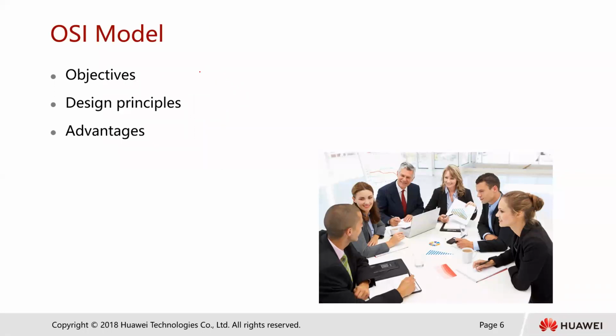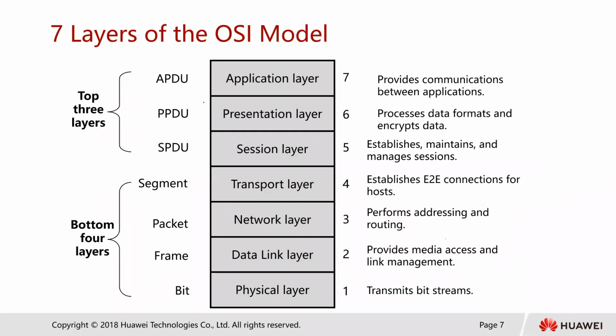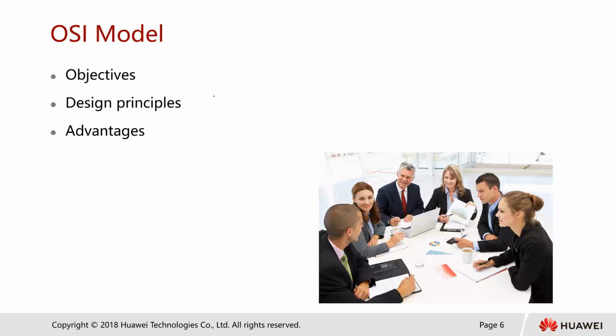Yes. All right, so we are going to look at the objectives and why these people decided to come up with the OSI model, and try to understand the designing principles and, of course, the advantages of the OSI model. The OSI model is a reference model.